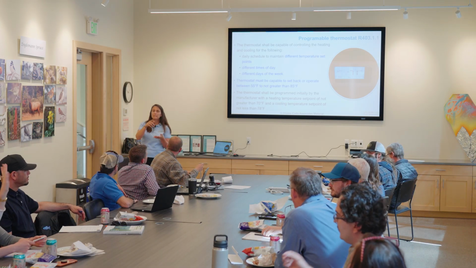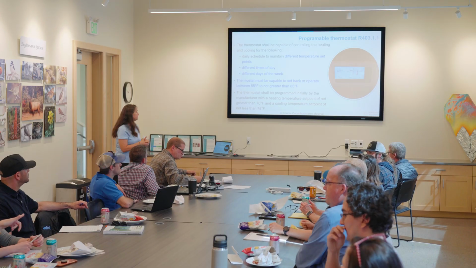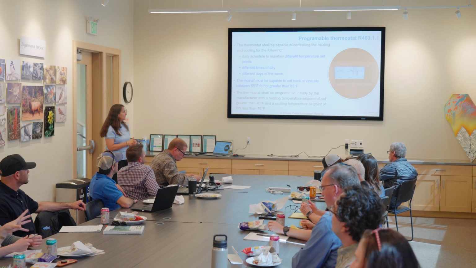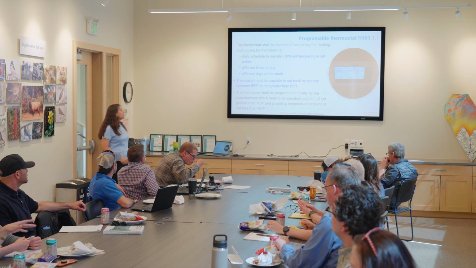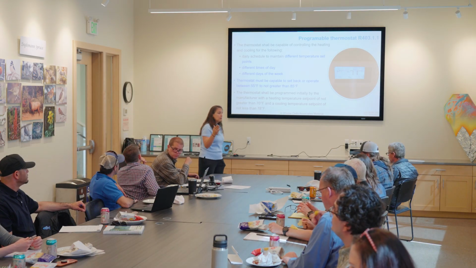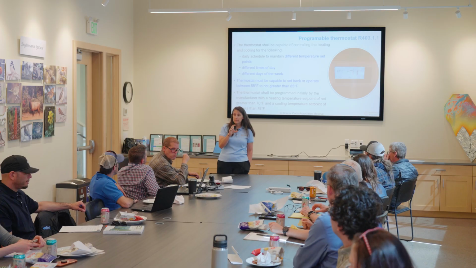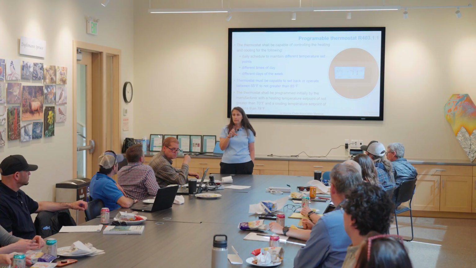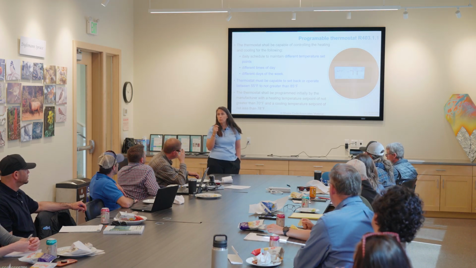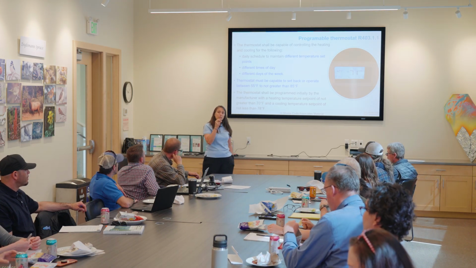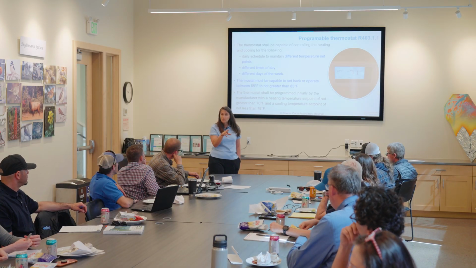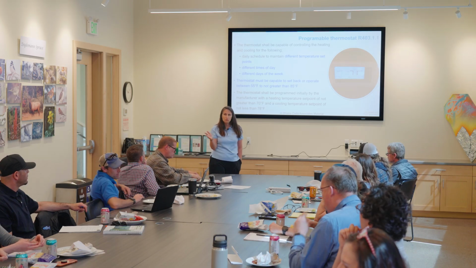And there was another hand. Yes? That last bullet point would get overridden if the jurisdiction has different set points that they require, right? So this is the initial one. Basically what they're ensuring is, because when they go in and program the set points they can adjust it differently, this is saying that when the manufacturer originally does it, there is some sort of standardization of setbacks, just in case nobody goes in and changes it.